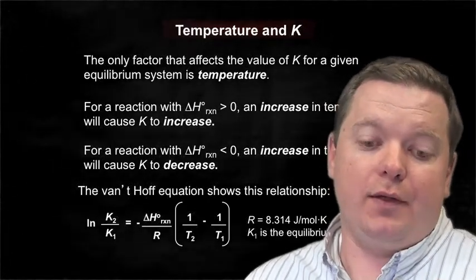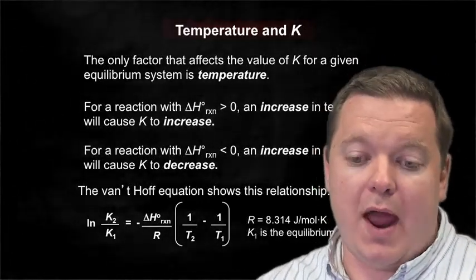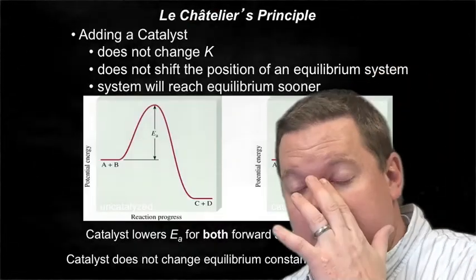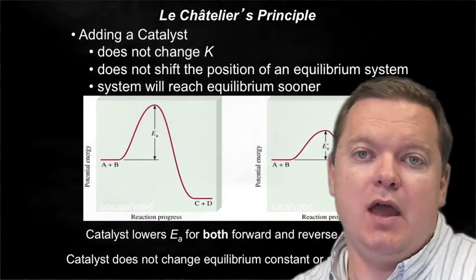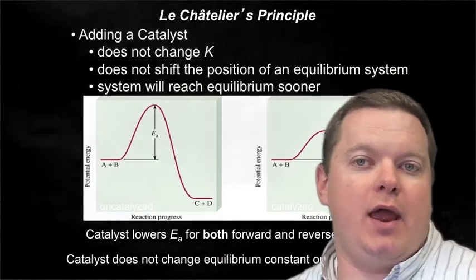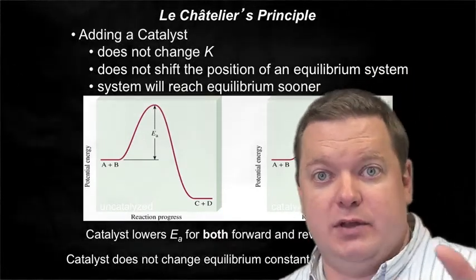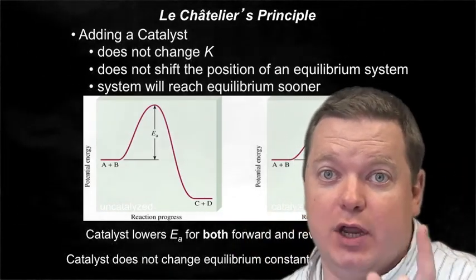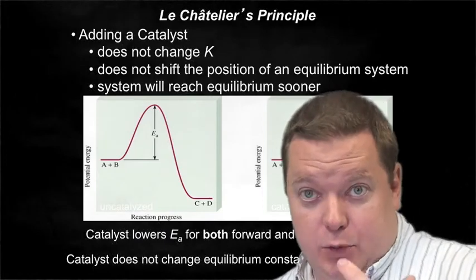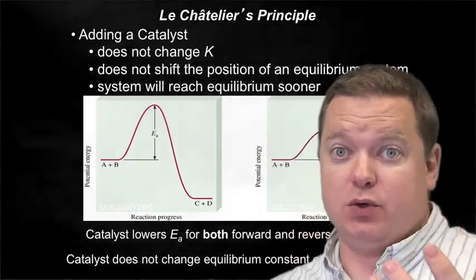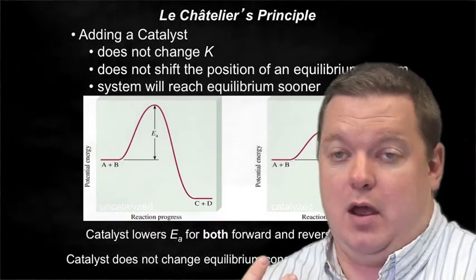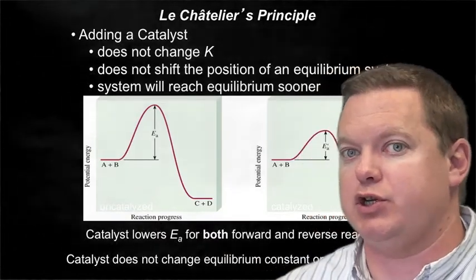The other thing we can do to affect our reaction is add a catalyst. Remember what a catalyst does. A catalyst is going to change the steps that the process goes through as it goes from reactants to product. It doesn't necessarily change what those two are. So because it's not changing the reactants or the products, adding a catalyst is not going to change our equilibrium expression at all.